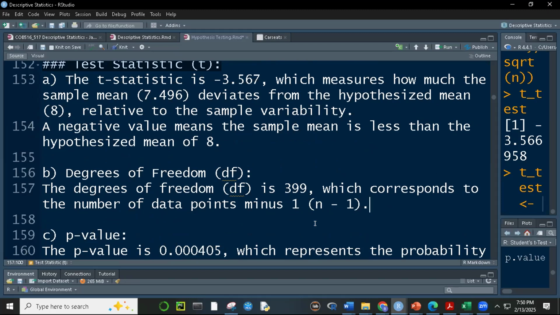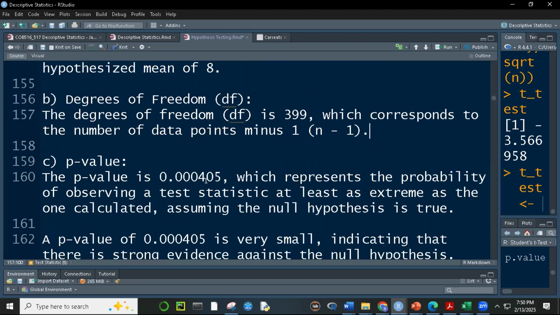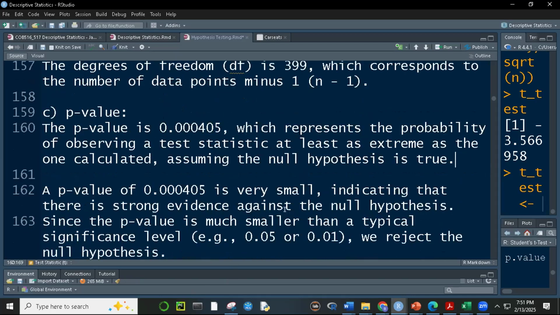The p-value is this amount, which represents the probability of observing a test statistic at least as extreme as the one calculated, assuming the null hypothesis is true. Sometimes the definition of the p-value is complicated by statisticians. What's important for us is to compare your p-value with the level of significance.